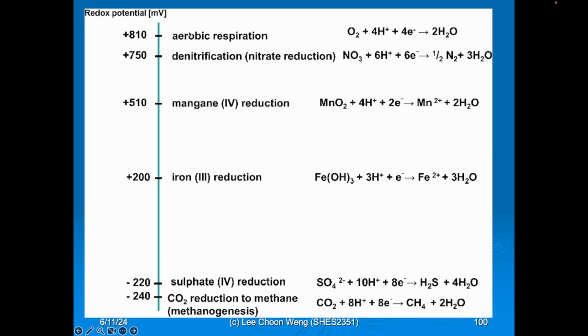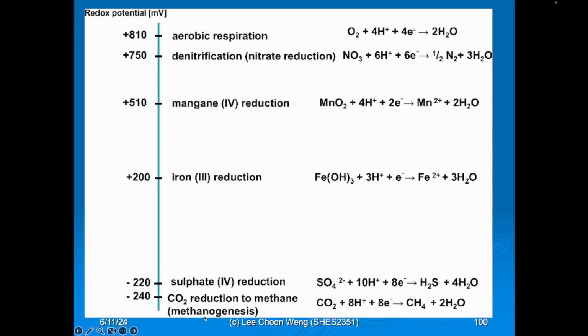Aerobic respiration has the highest redox potential and is the preferred step by most organisms. Next in line is denitrification or nitrate reduction, where nitrate supplies the electrons. Lower down the redox potential, we have manganese reduction, iron reduction, sulfate reduction, and also carbon dioxide reduction to methane, or methanogenesis.